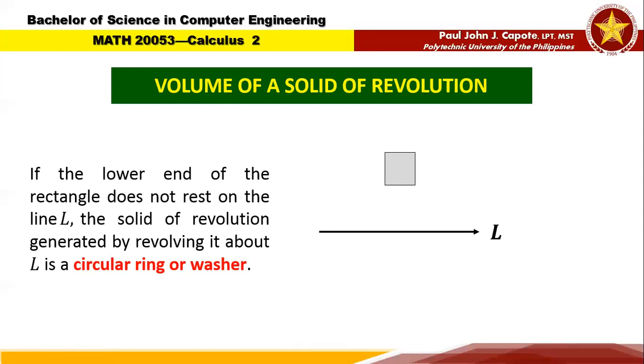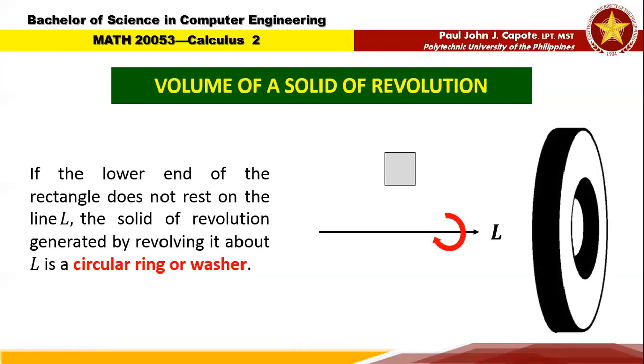If the lower end of the rectangle does not rest on the line L, or does not touch its base, the solid of revolution generated by revolving it about L is a circular ring or washer.